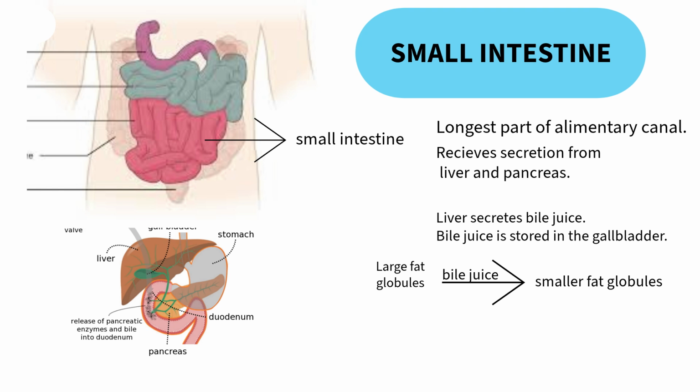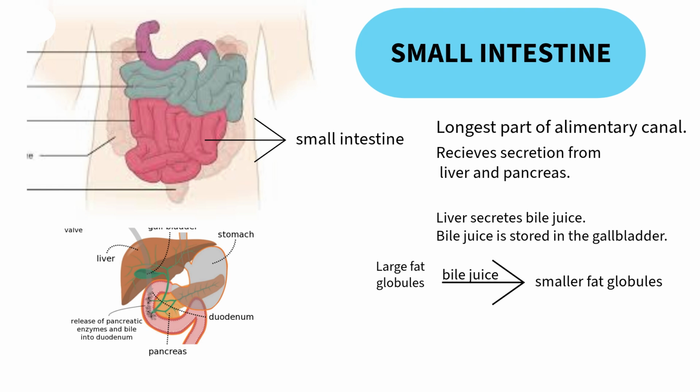Now the pancreas secretes pancreatic juice, which, as we already know, contains digestive enzymes like trypsin and lipase. Trypsin converts polypeptides into peptides, and lipase converts fats into fatty acids and glycerol.